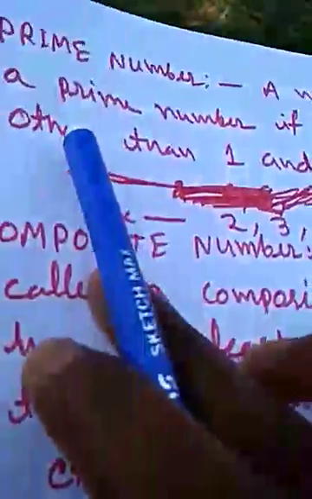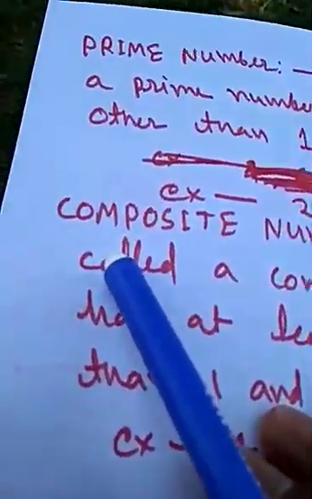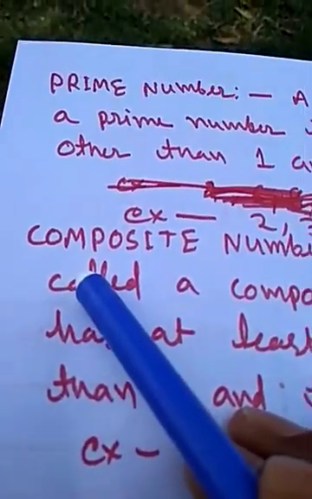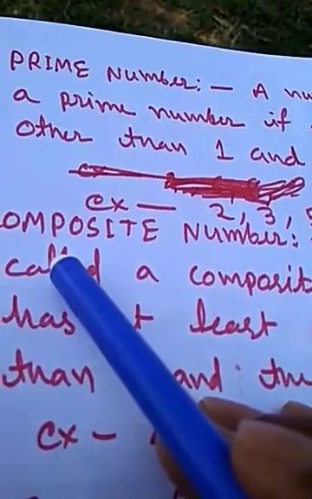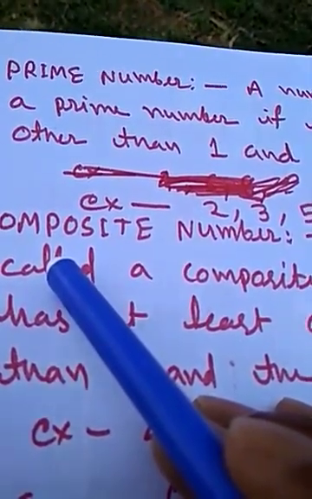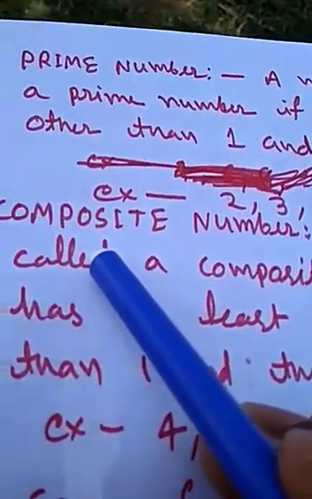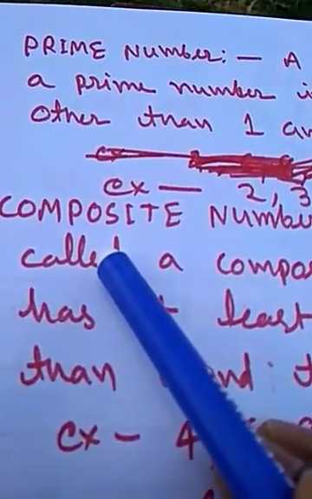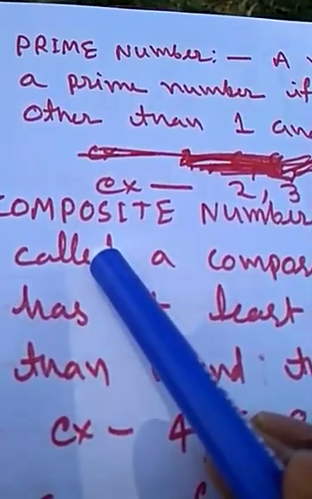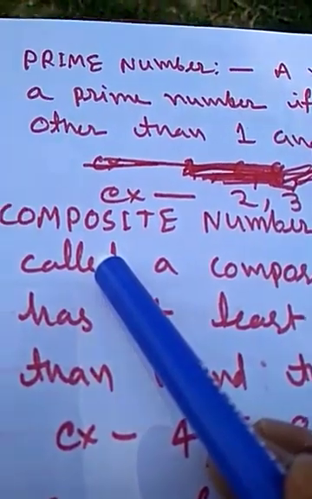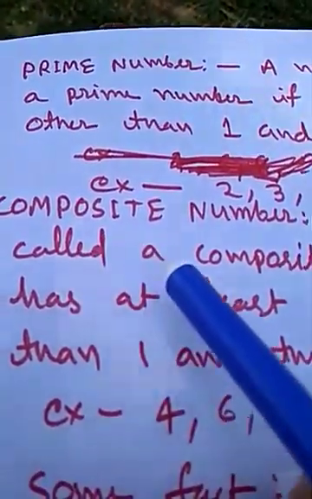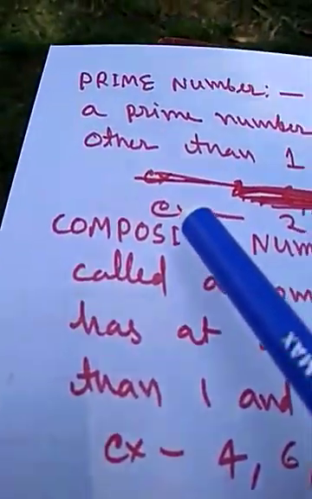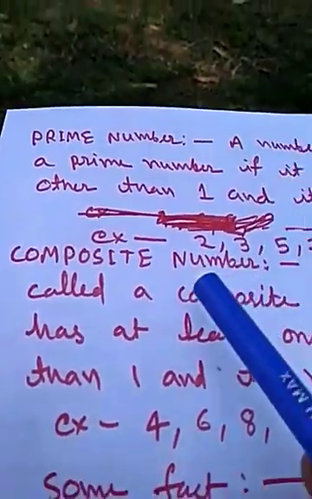Now some numbers have one factor other than 1 and itself. It means some numbers have more than 2 factors, that is called composite numbers.